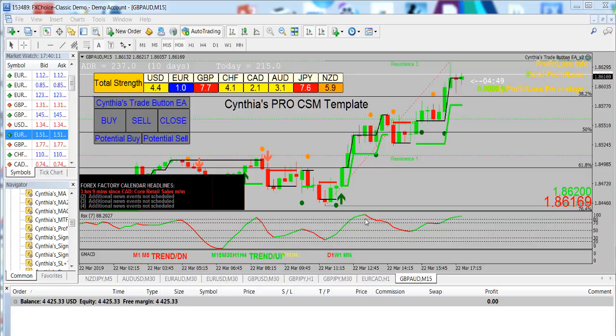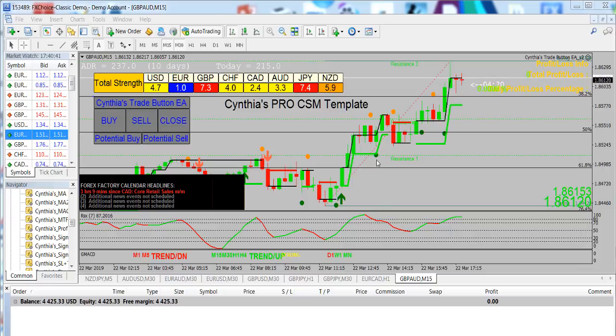The RSI line has turned down and has become red. So at this point, when you have the orange hot dot appear and a big sell-off candle, this is all profit taking. This is probably where you should take your profits if you're day trading or scalping.